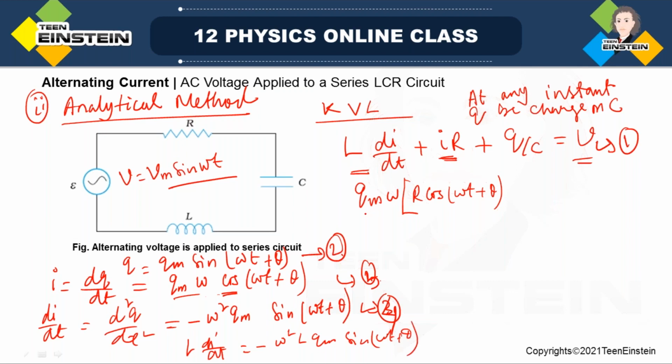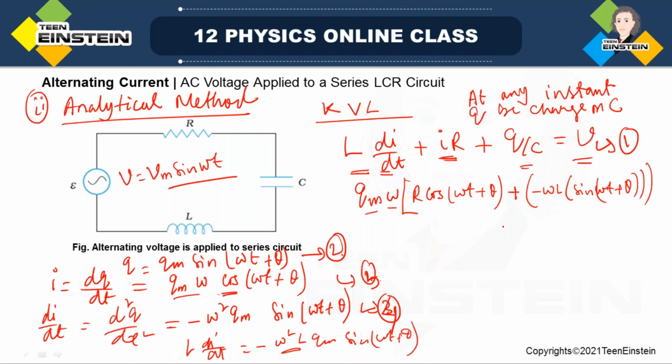If you take qm and omega common, you will get omega into l over here. So I can write minus omega into l, and along with that you will get sine of omega t plus theta. This is what you will get for this term.